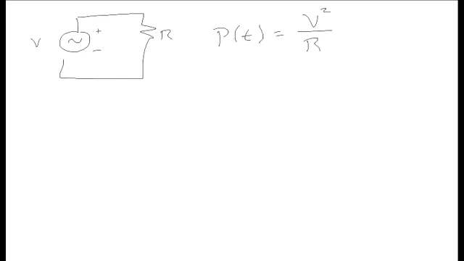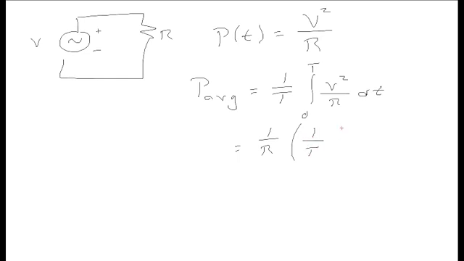A reasonable question to ask, though, is, what is the average power? Well, we do know that P average is the same basic derivation, 1 over the period, integral from 0 to T, v squared over R dt. If R is a constant, I can take it out. So it gets us 1 over R times 1 over T, integral 0 to T, v squared dt. Remember this formula here.